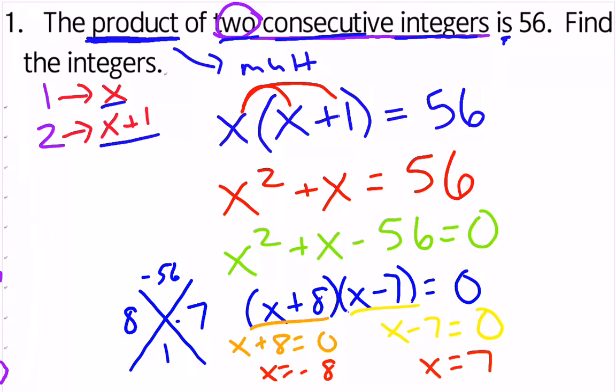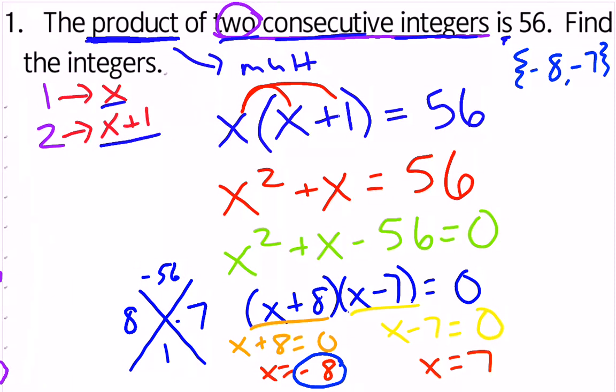The first set, I need to plug in negative 8 as my x. So if I had x is negative 8, then one more than that would be negative 7. So one of my sets of answers is negative 8, negative 7. But say I don't start with negative 8.